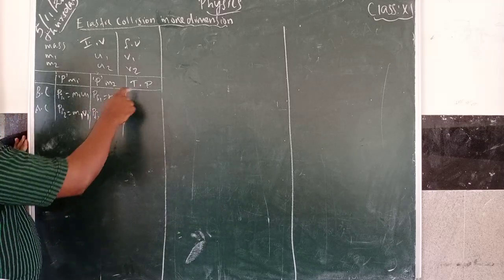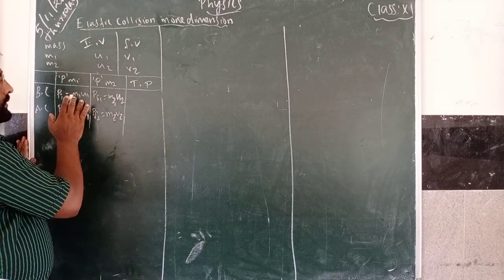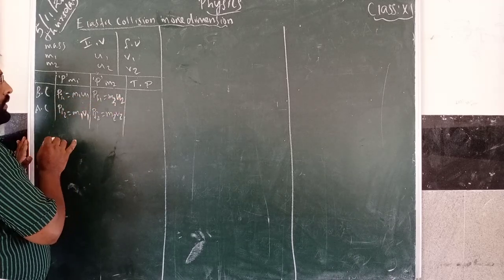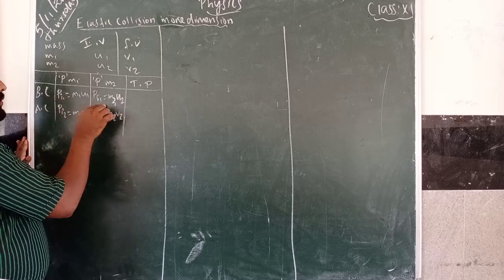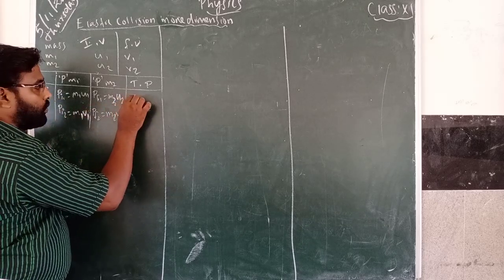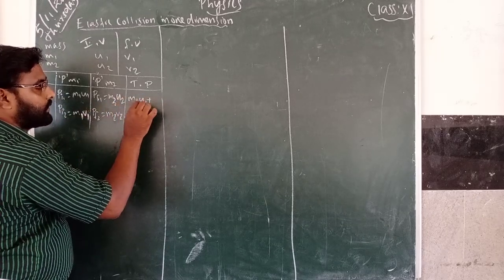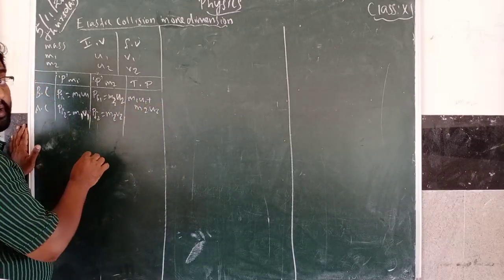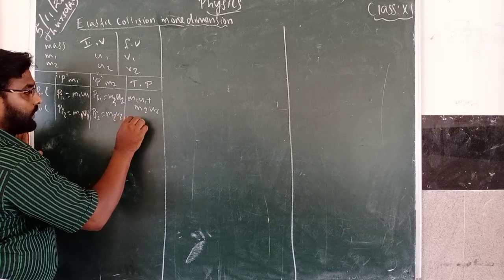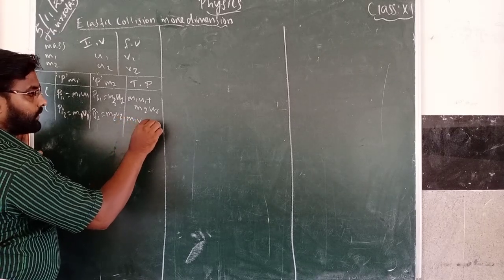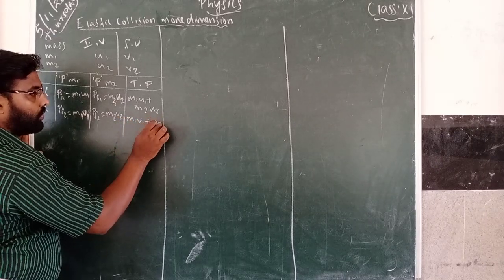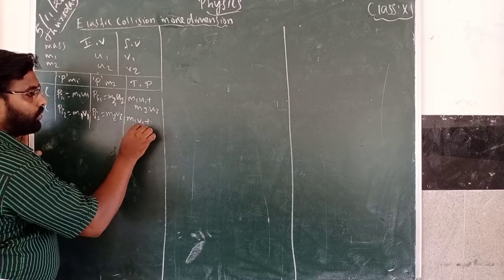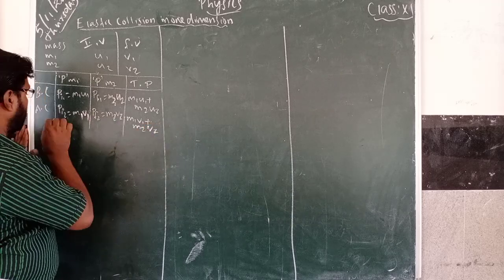Now you can find the total momentum, which means you just add these. Total momentum before collision is m1 u1 plus m2 u2. Total momentum after collision is m1 v1 plus m2 v2.